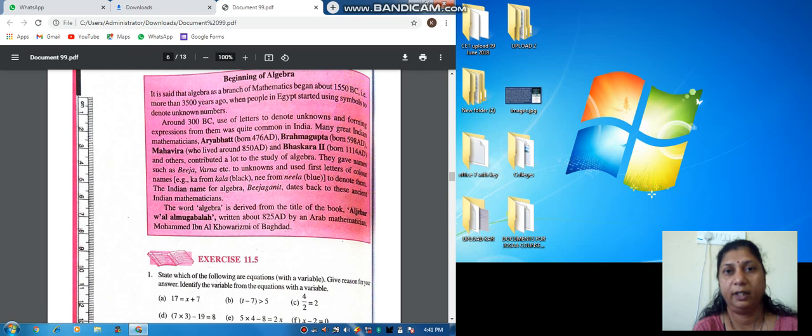The word algebra is derived from the title of the book Al-jabr w'al-muqabala, written about 825 by the Arab mathematician Muhammad Ibn Musa al-Khwarizmi of Baghdad.